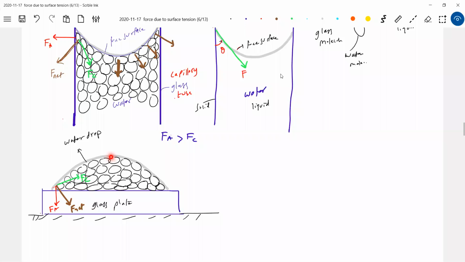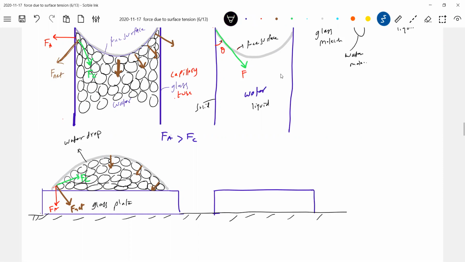Why is the free surface horizontal here? Because the net force will be downward. And I'm showing a few, so you must be able to understand here. So what is the angle of contact here? The angle of contact here will be, on the glass plate, so this was the free surface.